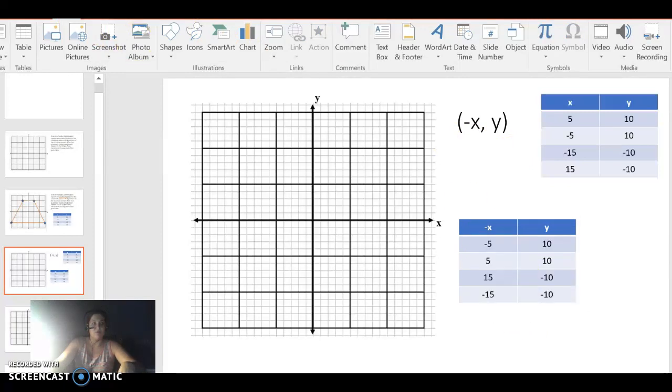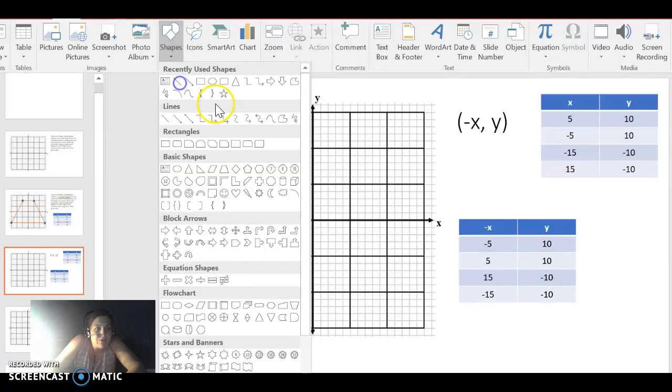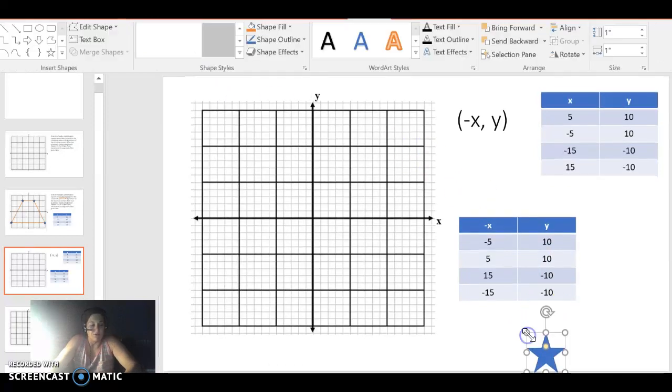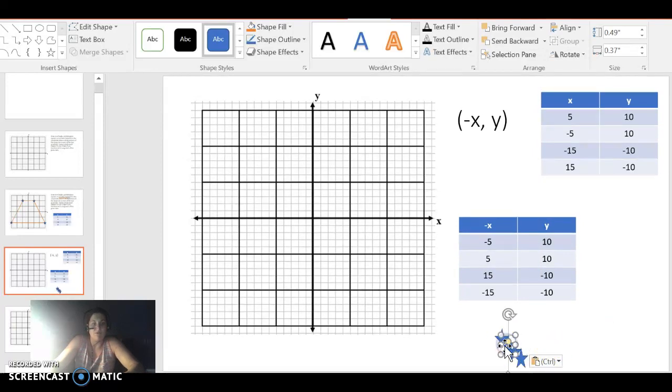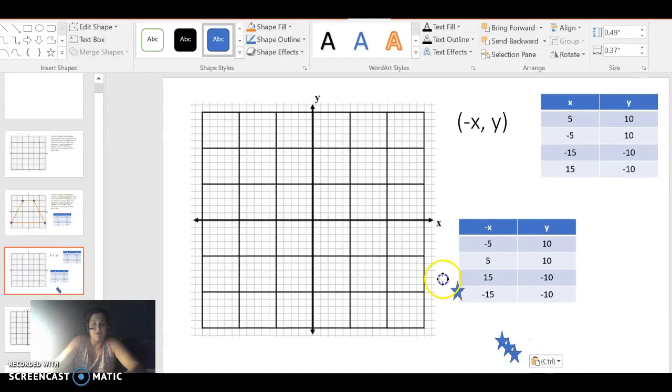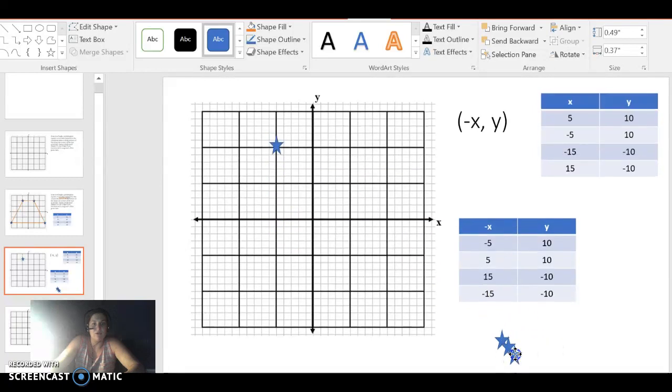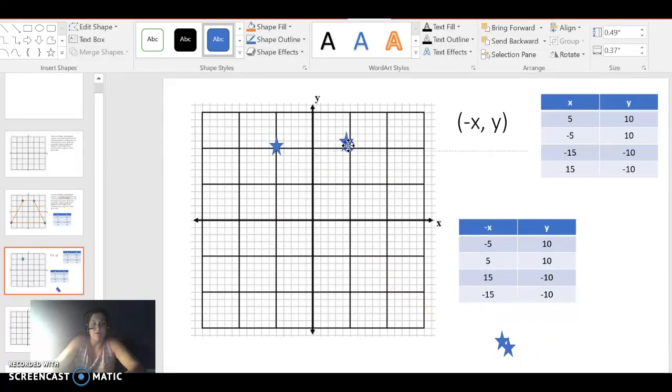Let me get some little stars, maybe, to see what that would look like. Okay, so we have a point at -5, 10. And then 5, 10.